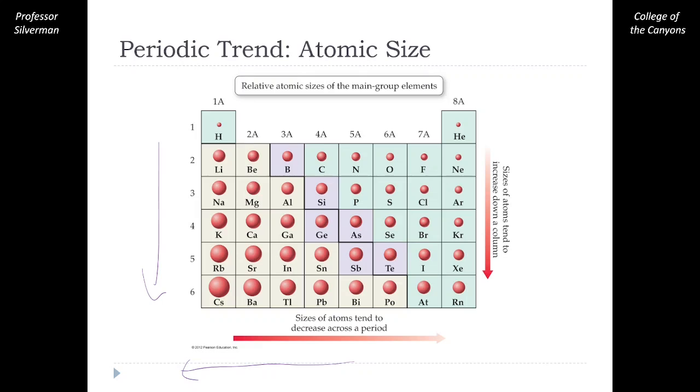Our smallest elements are at the top right of the periodic table. We can understand why this trend is true. And if we're just looking for a quick answer, we can compare two elements just based on their position on the periodic table.